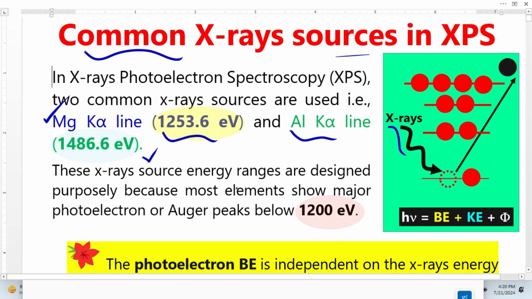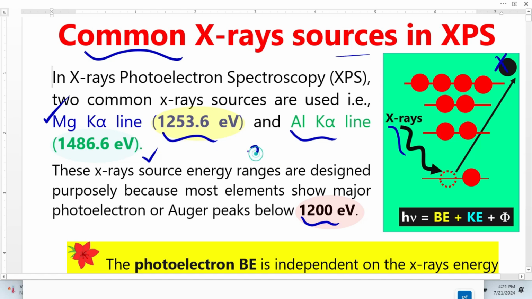I want to clarify that the maximum binding energy for all detectable elements is below 1200 electron volts. So this is one reason that we use X-ray sources with energy greater than this binding energy. Otherwise, we won't have these photoelectrons; the photoelectrons will not be emitted from the samples.